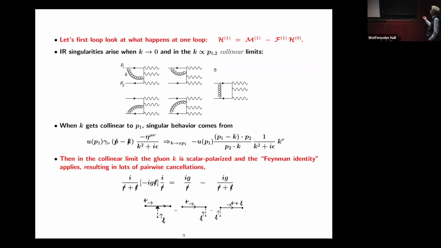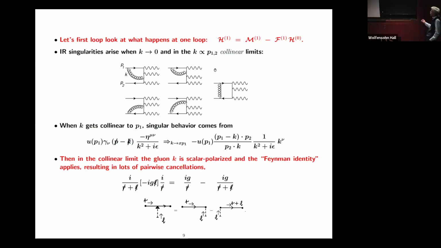At 1 loop, or at order alpha S squared, but it's 1 loop in these virtual corrections, you have diagrams that look like this. Here we have, say, three vectors in the final state. We have diagrams like this and like this, the triangle-like diagram here, the box-like diagram, and then from the other side. When K, say the momentum of the gluon, gets collinear to either P1 or P2, we understand we can make collinear approximations, and it's too complicated to dwell on.